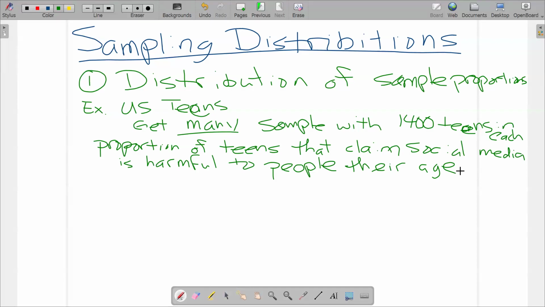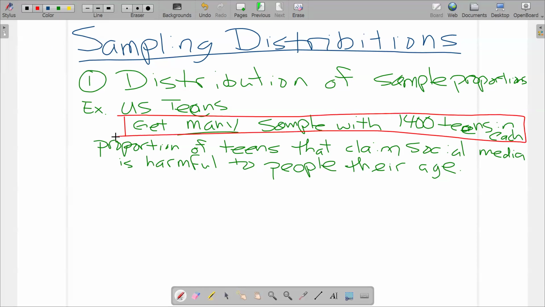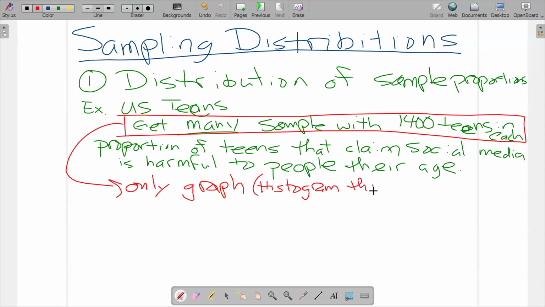So again, what am I doing here? This is important, that I get many samples, each of 1,400. 1,400 there, 1,400 here. I do that like 100 times, 1,000 times. Right? Even if I do it 1,000 times, that's still much lower than the actual population of teens. And I only graph, that is histogram, this proportion.